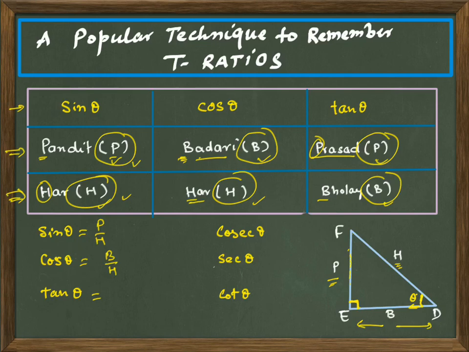Tan theta is Prasad by Bhole. Prasad will take the P and Bhole will take the B. So easily we are able to write the trigonometric ratios with this table.